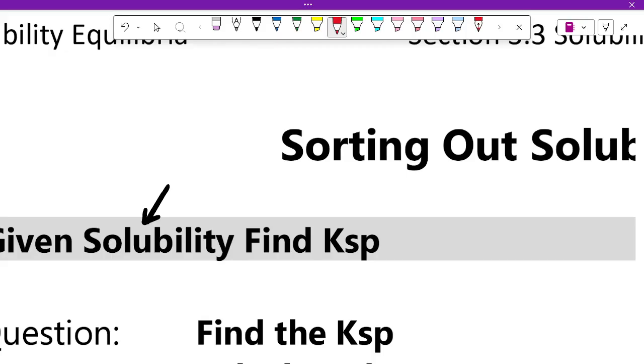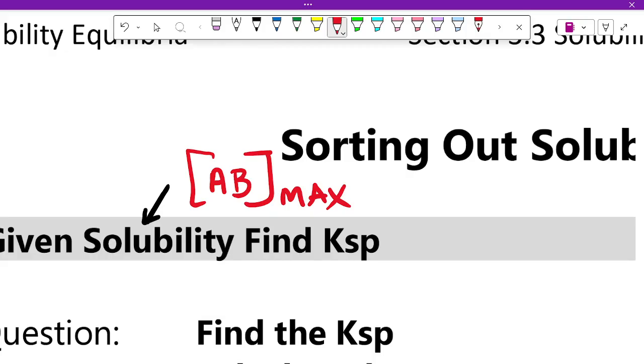What is solubility? It is the maximum concentration of whatever our low solubility salt is. It is the maximum amount of solute that can dissolve in a given amount of solvent.